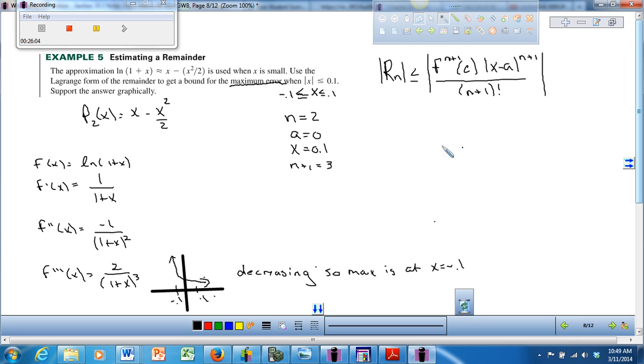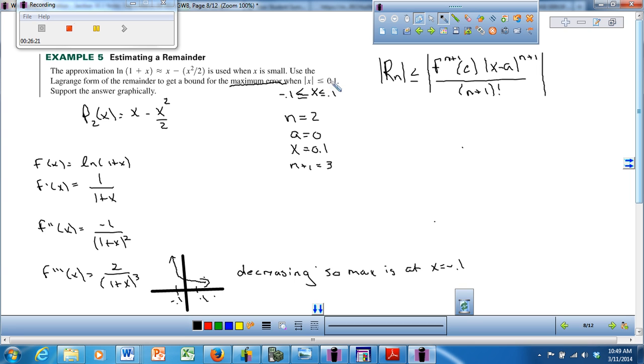All right, so if we're using the Lagrange form to find our error, we write down our Lagrange form over here, and we start figuring out all of our parts. So our n is what? What's our degree of our polynomial? It is 2, so n is 2. Our a, is there any shift on this? Do we have x minus anything or x plus anything in our original? We do not, so our a is 0.